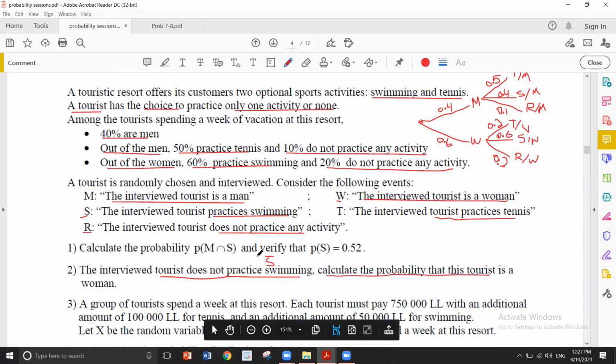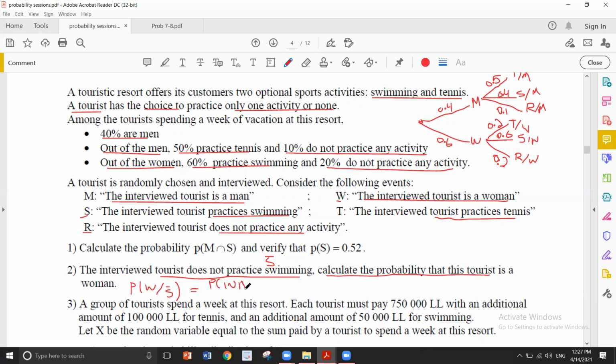Probability of woman given S bar, which equals probability of woman intersection S bar over probability of S bar.